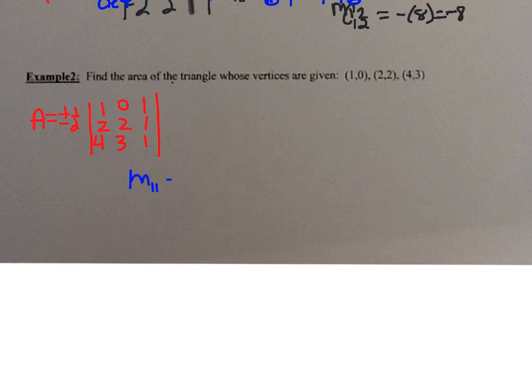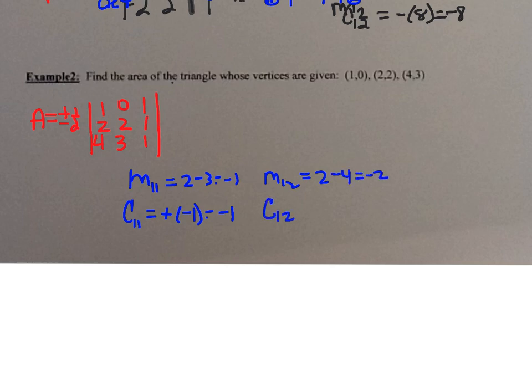All right, so my minor 1, 1 is going to be 2 minus 3, which is negative 1. So my cofactor 1, 1 is going to be positive 1 times negative 1, which is negative 1. And then I'm going to do my minor 1, 2. So minor 1, 2 is going to be 2 minus 4, which is negative 2.